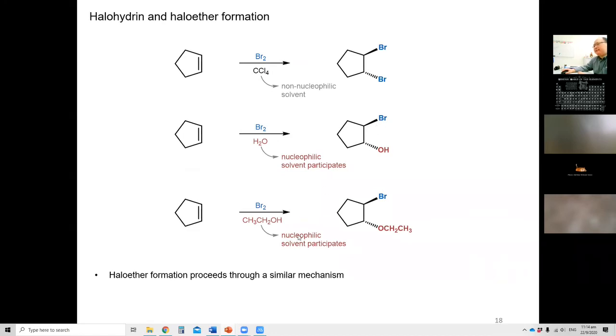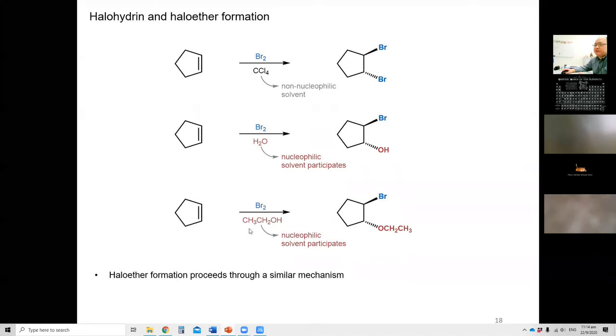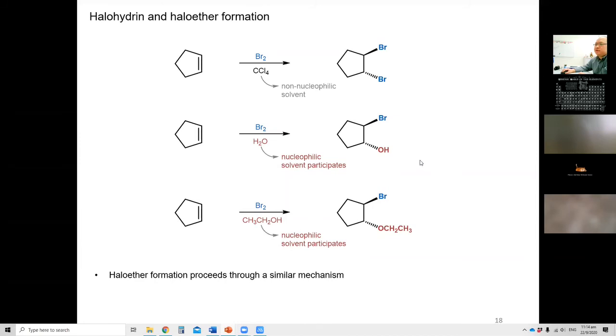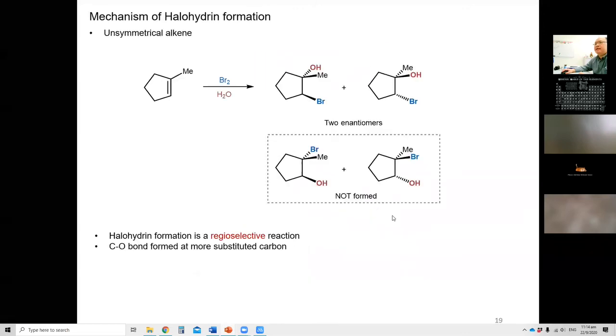Okay, so it's the same mechanism with other nucleophilic solvents like ethanol. So if you use ethanol as solvent, instead of water adding to the bromonium ion, now the ethanol will add into the bromonium ion. So instead of giving OH, you give the OR group here, okay? And the ethanol oxygen acts the same way as the oxygen in water, it will add into the bromonium ion to open it and give this product, okay?